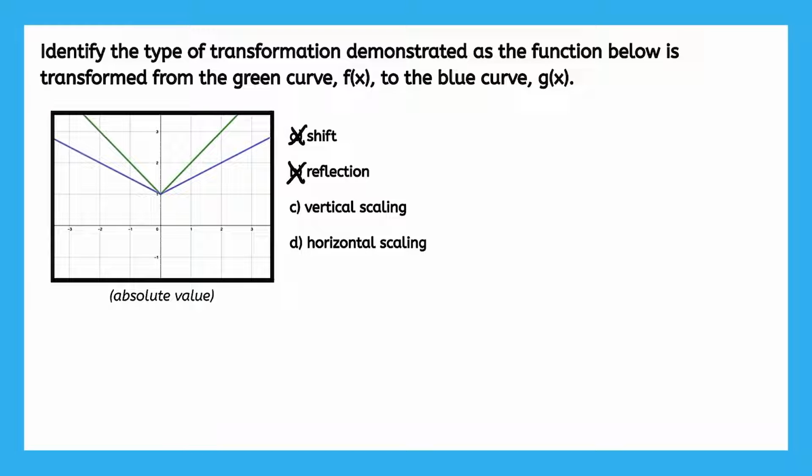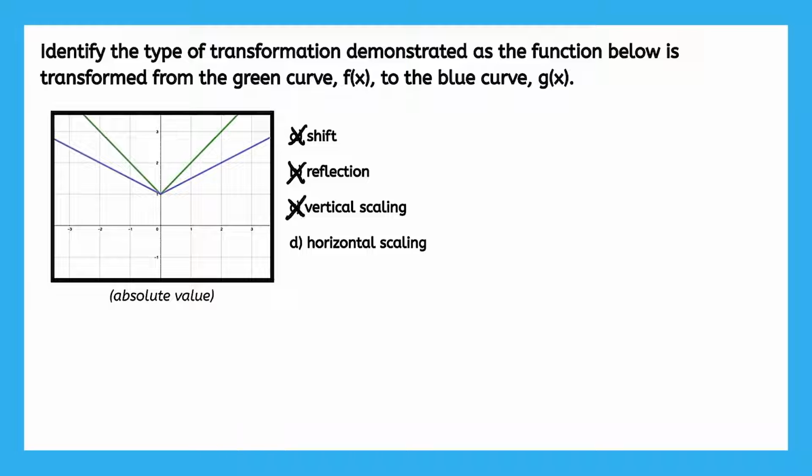Now, is this a vertical or horizontal scaling? Let's think about a vertical scaling really quick. If the blue graph were a vertical scaling of the green graph, then every y value would be shifted up or down as we multiply it by k, right? But we can see that this vertex right here at 0, 1 did not move up or down. So this could not be a vertical scaling.